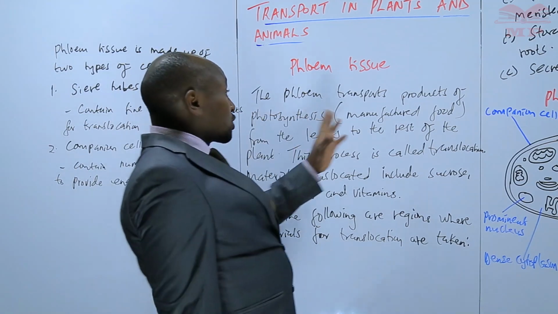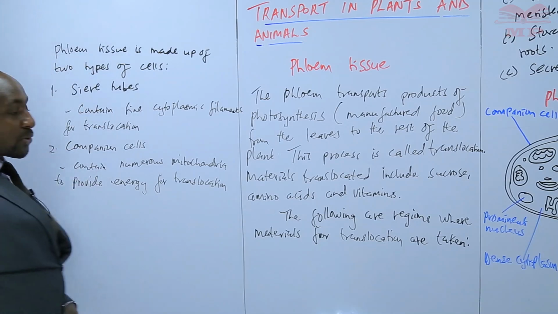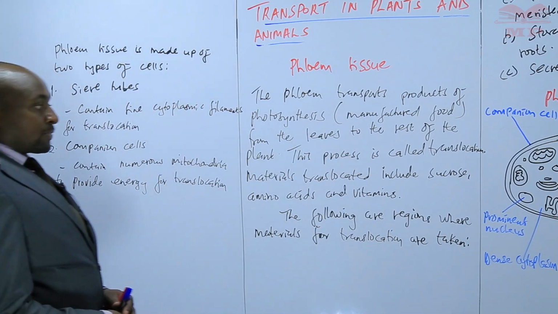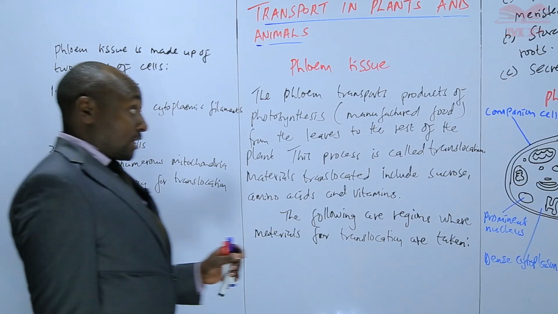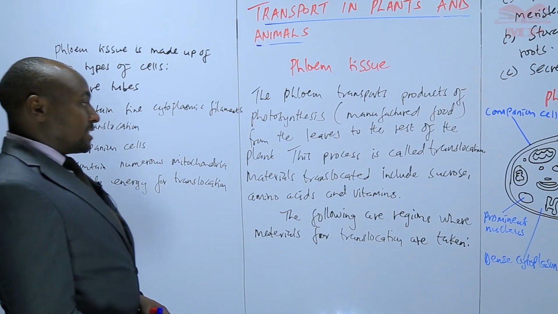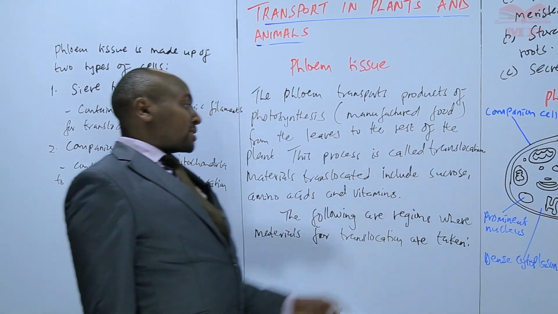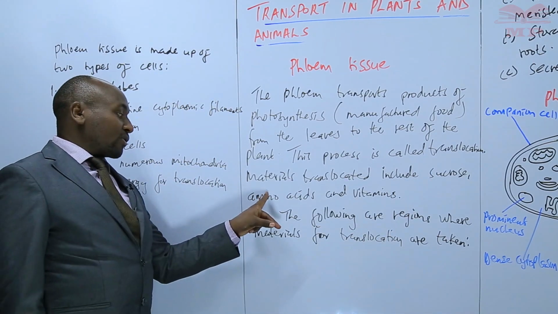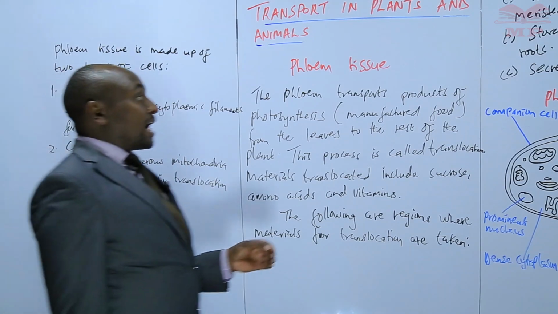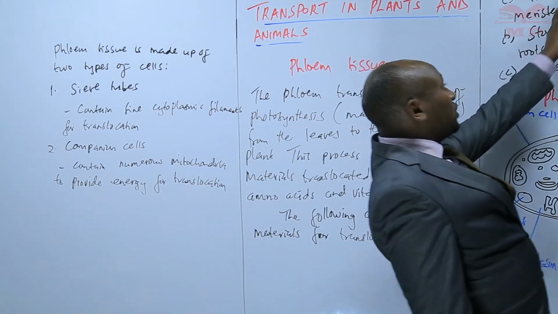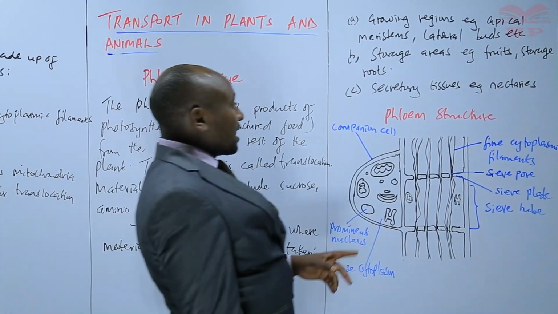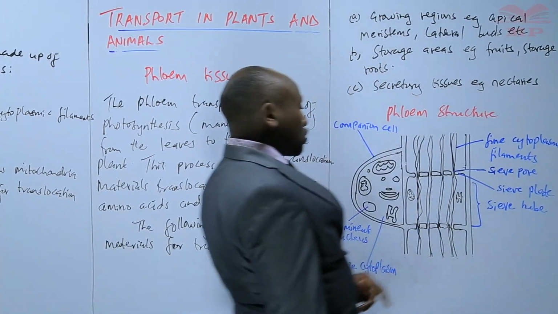So we've said the function of the phloem is to transport products of photosynthesis from the leaves to the rest of the plant. And that process is called translocation. The materials translocated include sucrose, that's a sugar, amino acids from proteins, and vitamins. And those materials are translocated to these regions: growing regions, storage areas, and secretory tissues.